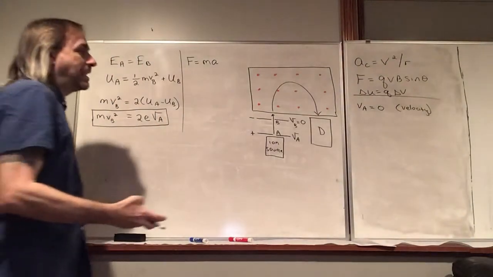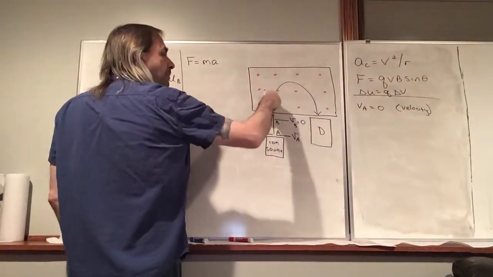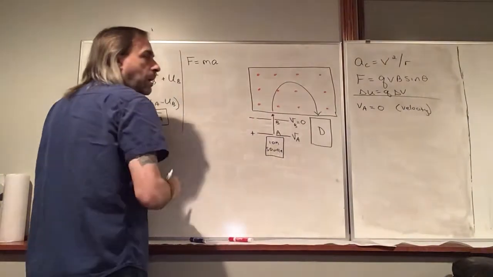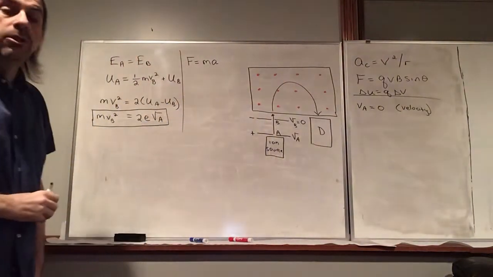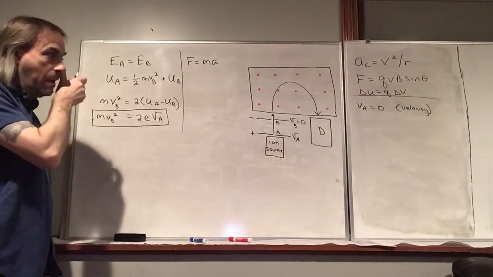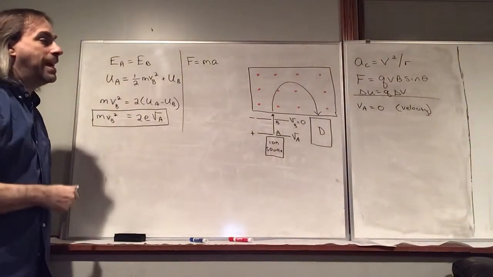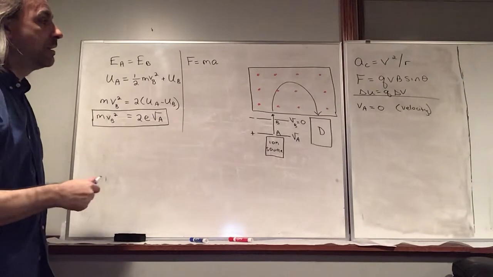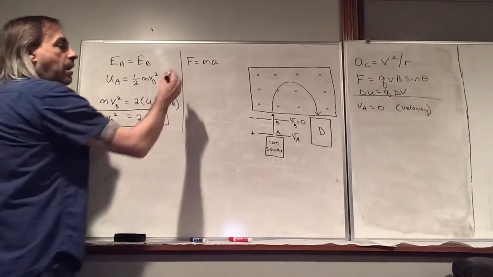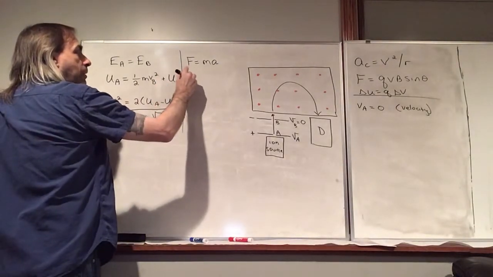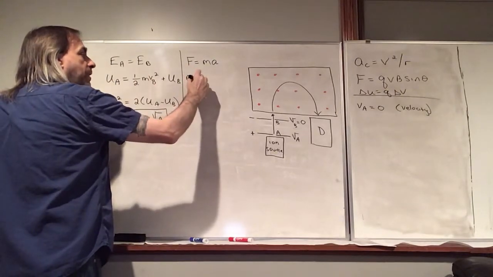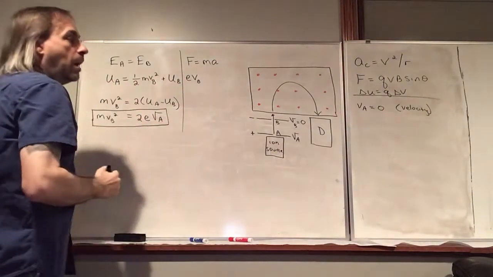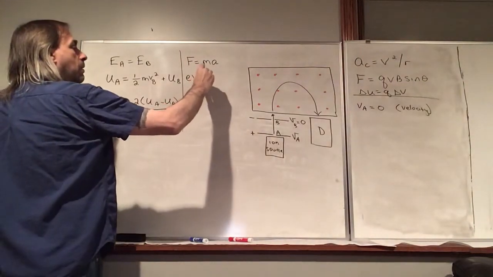And remember, the velocity is always in the plane, regardless of what part of the motion. The magnetic field is perpendicular to the board. And so at a 90-degree angle, sine of theta is just 1. So the force is the charge, which is e, times VB, times the magnetic field.